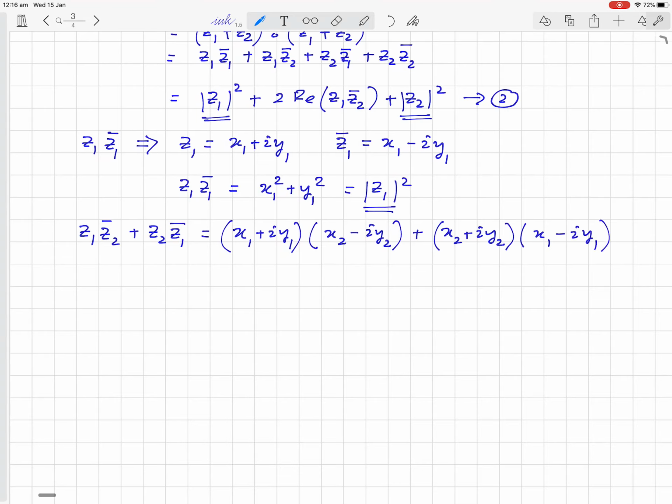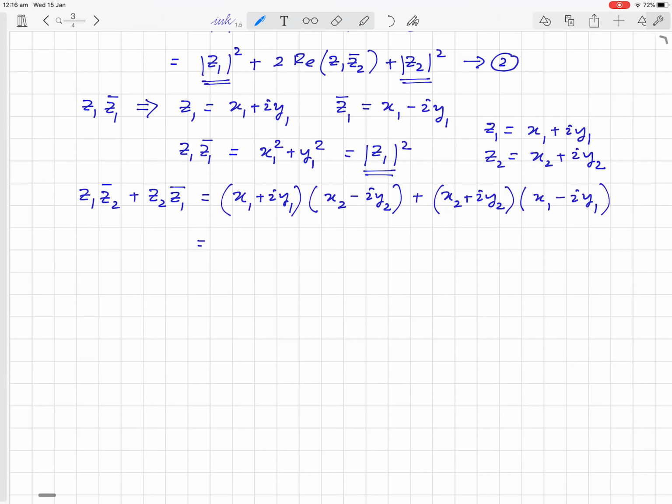One thing to note: z1 we took as x1 plus iy1, and z2 we took as x2 plus iy2. So now we have to simplify that. So this one would be x1 x2, then I have minus iy2 x1 plus iy1 x2, and I would write this directly plus y1 y2.